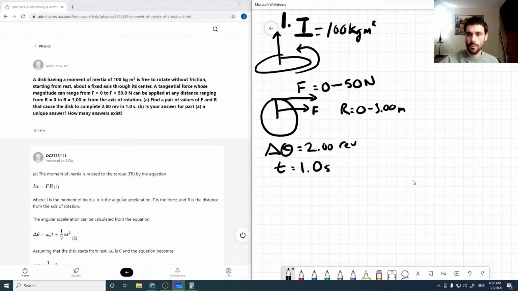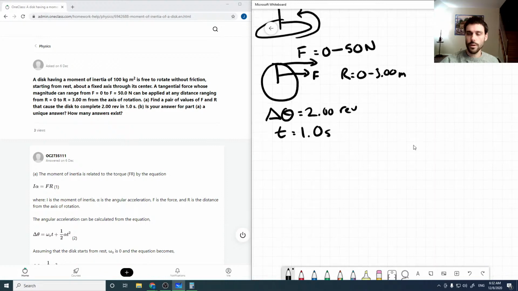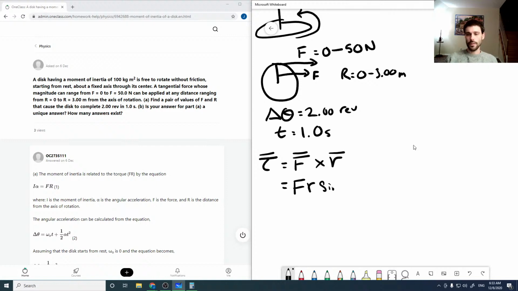So we're given a force that acts at a radius. What we're really given is a torque, as torque is F cross R, where R is the radius. But we can simplify this cross product by writing it as F R sine theta, where theta is the angle at which it's acting.